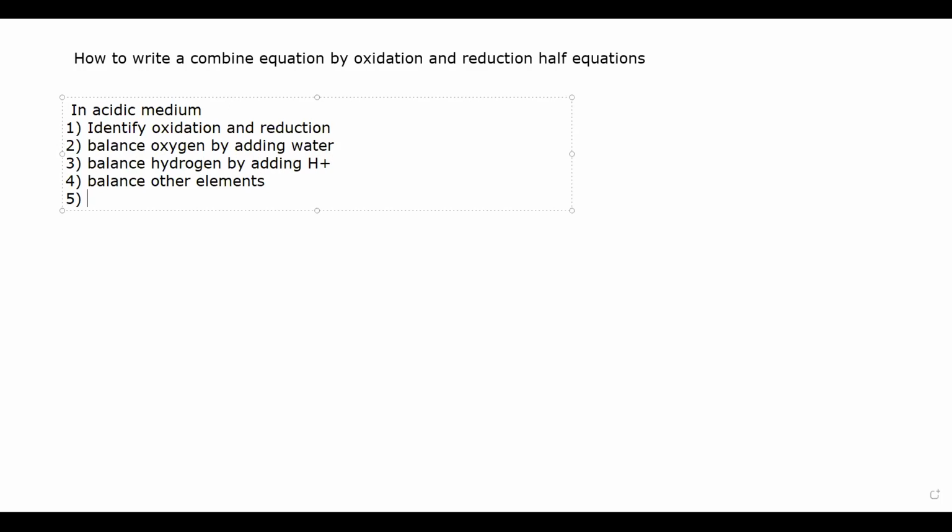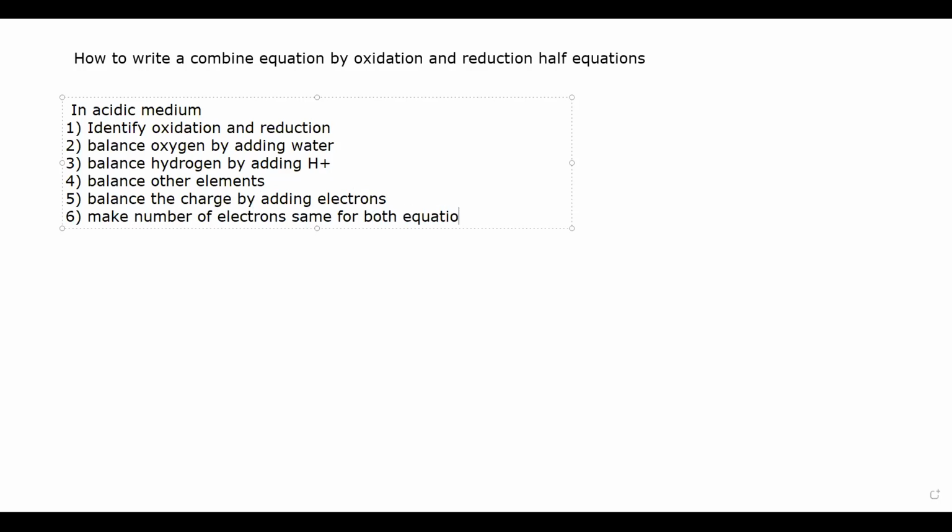Then balance the charge by adding electrons. Then make the number of electrons the same for both equations, and then we will add the two equations.